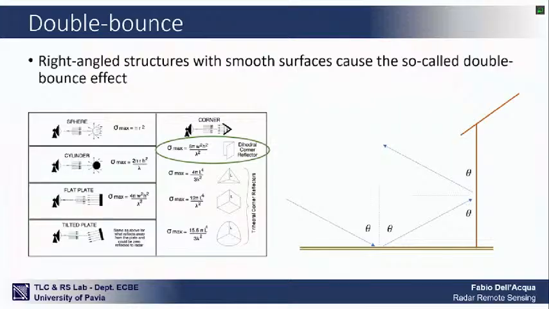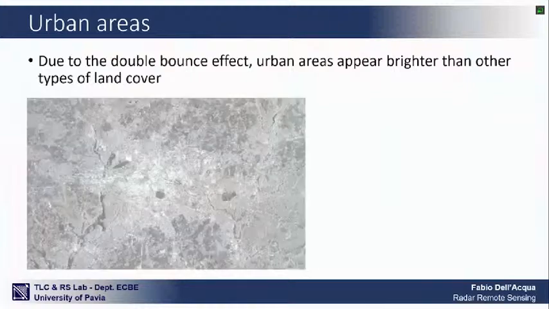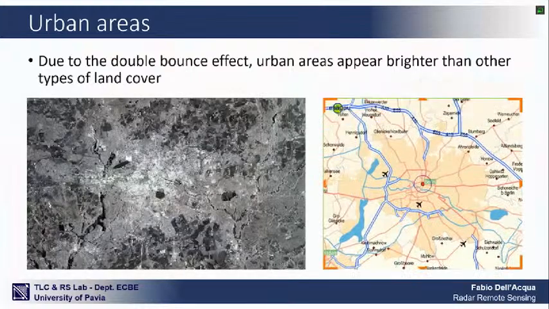So this is another example of how the shape of the observed object impacts the backscatter that you will record. The shape of the object is extremely critical in determining the backscatter. Well, this is one example. This is an old image, from ERS1, of the urban area of Berlin, the capital city of Germany.